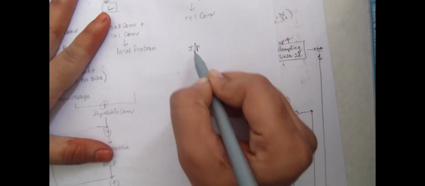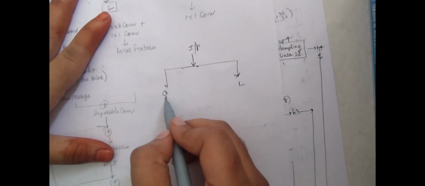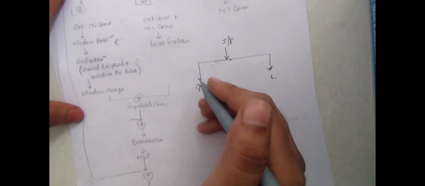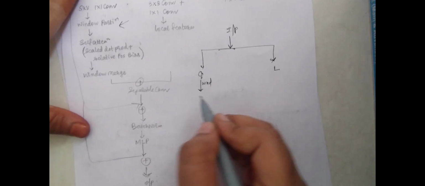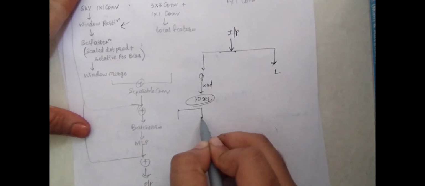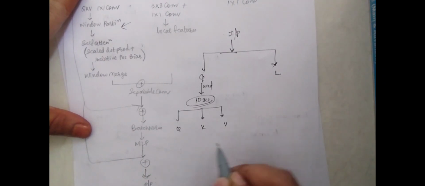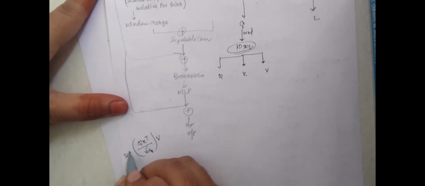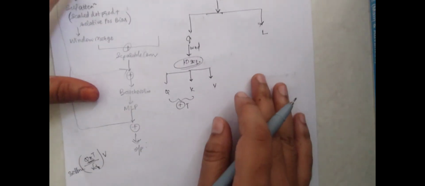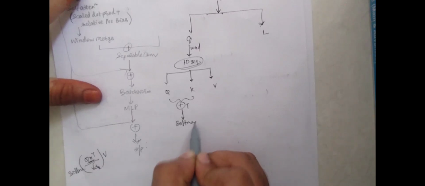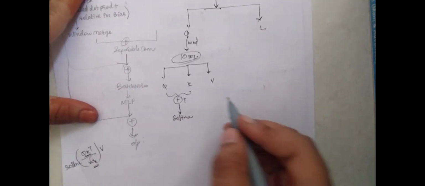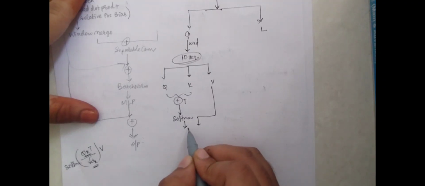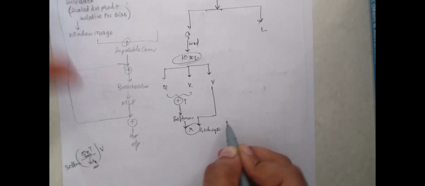So the 1D sequence is divided into query, key, and value. And from the attention mechanism we know QK transpose by root DK into V. We do the transpose, apply softmax, and also do the scaling, then multiply it with the V. It's nothing but reshaping.